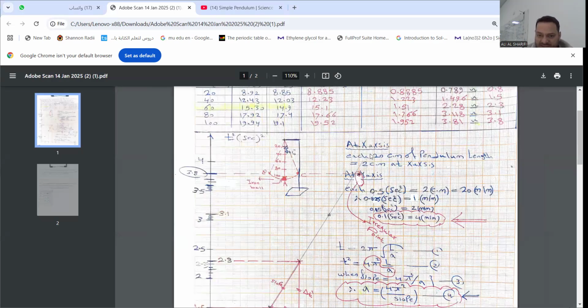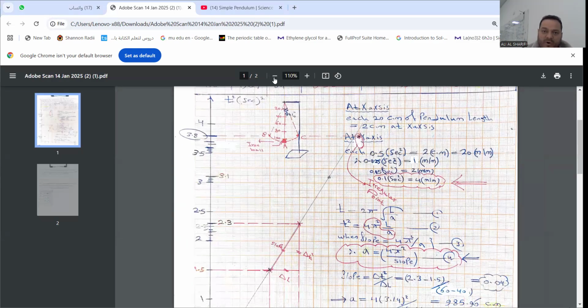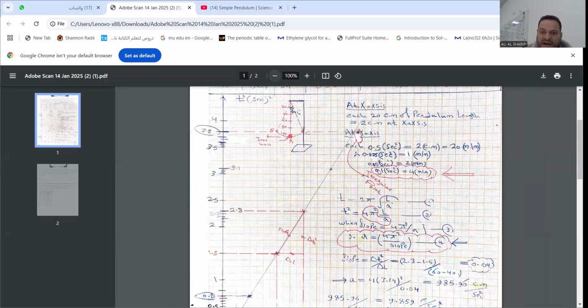Here at the x-axis, I'm talking now about the length of the pendulum. I said every 20 centimeters of the pendulum length; my string is weightless, attached to the iron ball. I have 20 centimeters, 40, 60, 80, up to 1 meter, 200 centimeters, okay? Here point A is the raised point, the main point.